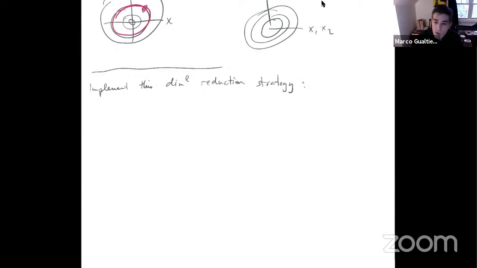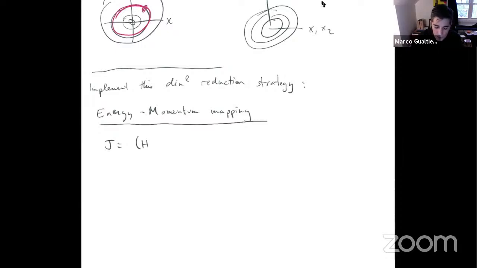we use what's called the energy momentum mapping. We put the conserved quantities together to define a map called J. And this will be the Hamiltonian and the x3 component of the angular momentum.